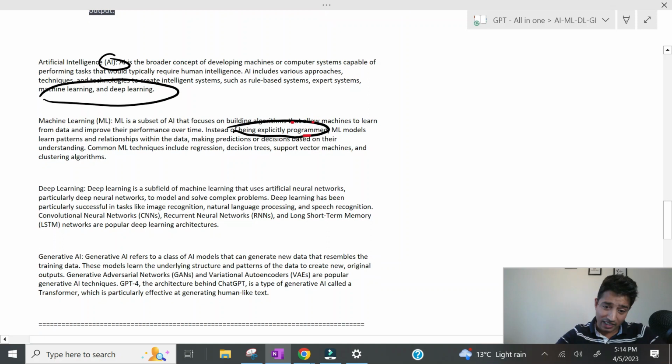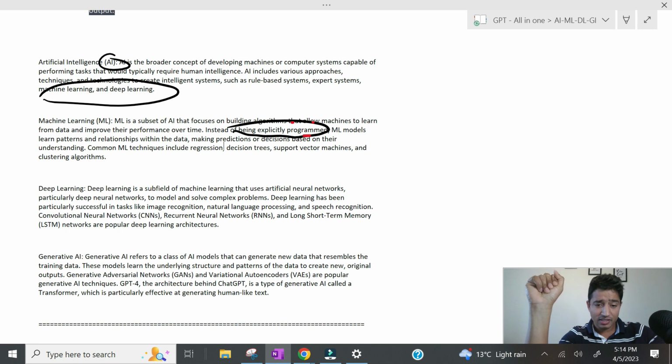The last part is generative AI. Generative AI refers to the class of AI models that can generate new data that resembles the training data. These models learn from the underlying structure and pattern of the data to create new original output. Generative, okay, so let me park it here, right?